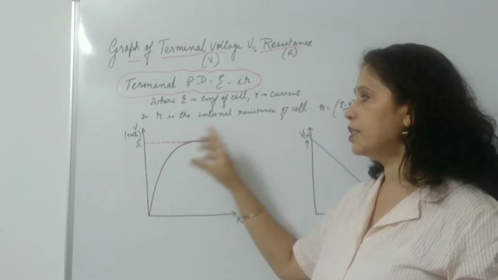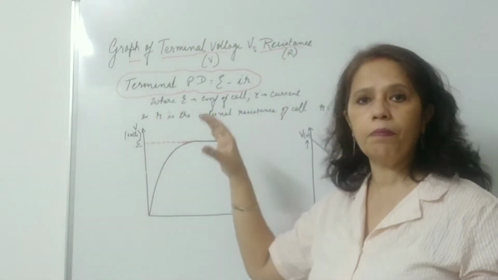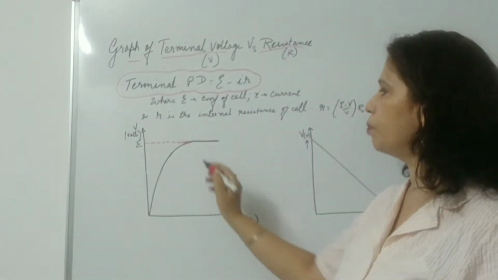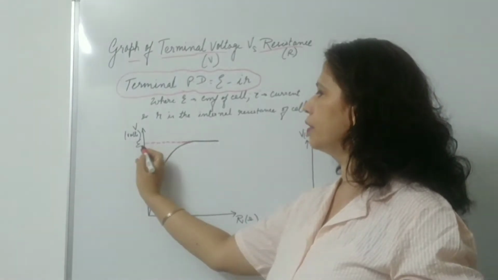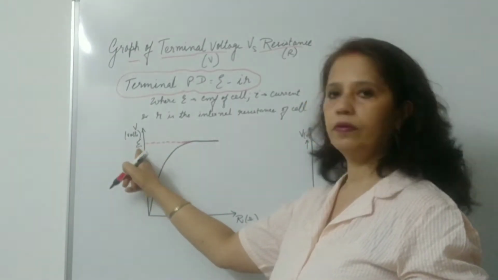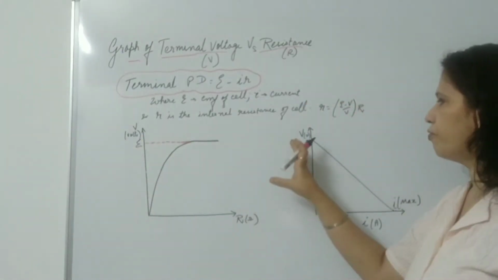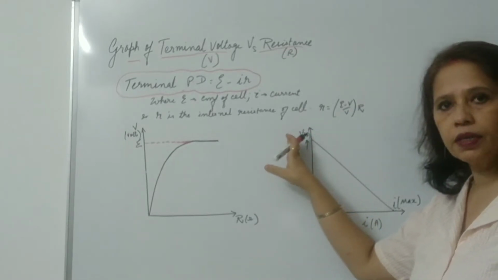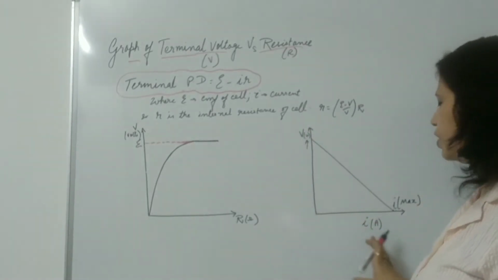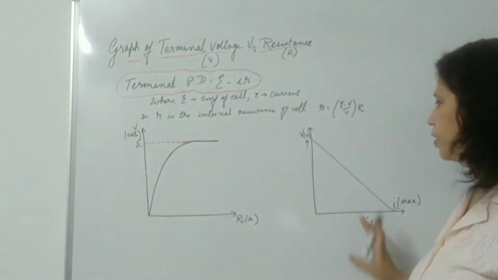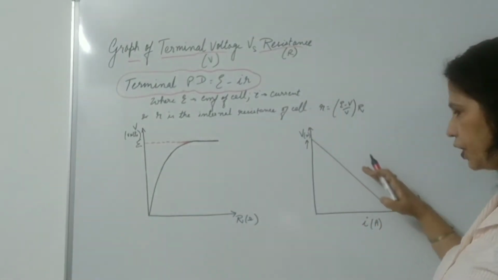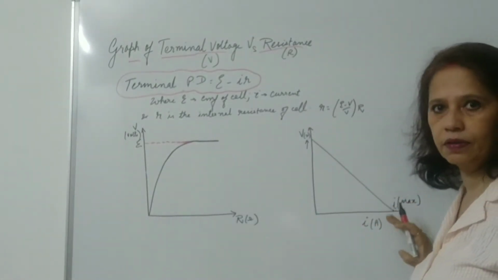Now, in the same graph, if it is asked to mark the EMF, then the EMF will be right over here. And now if I plot a graph of V, that is terminal voltage versus current I, then it will be a straight line in this manner.